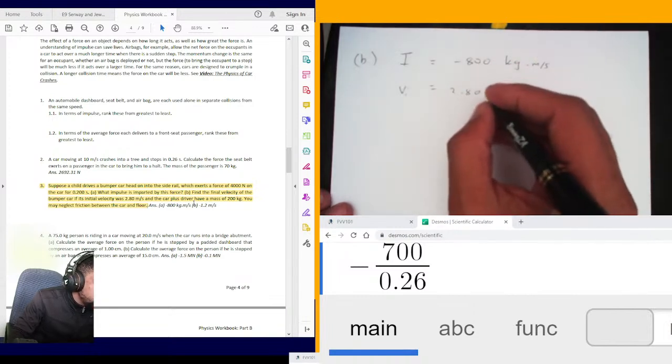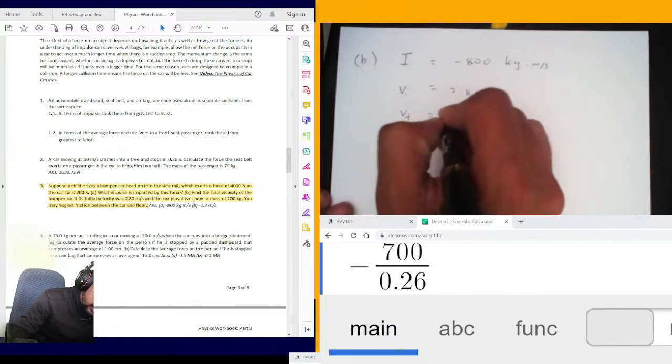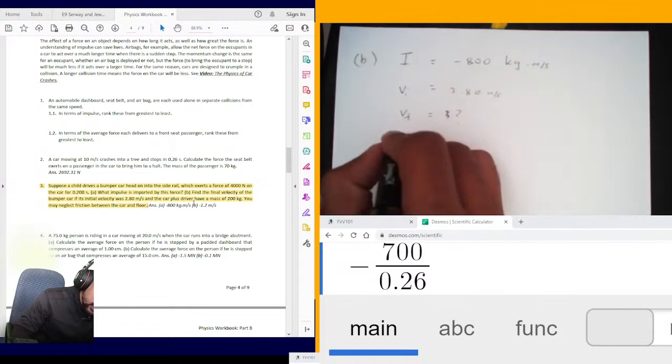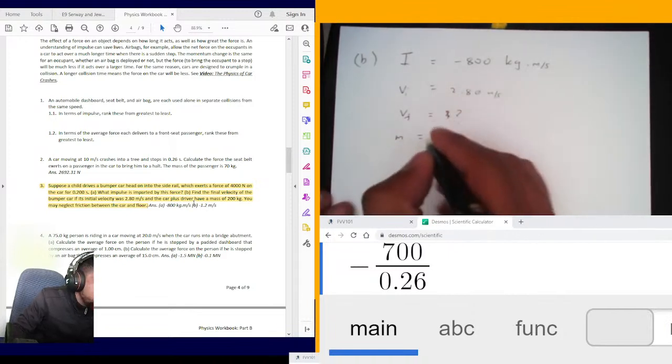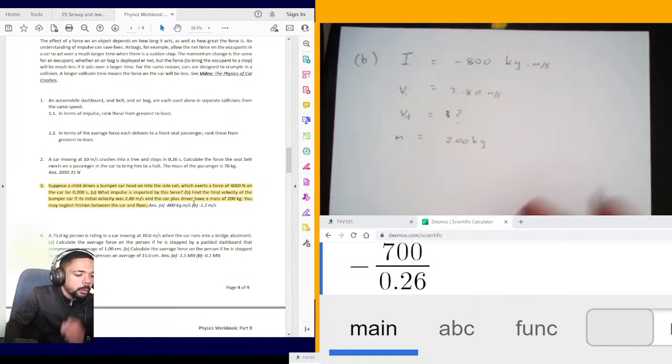We need to find the final velocity, and the mass of the car and the kid is 200 kilograms.